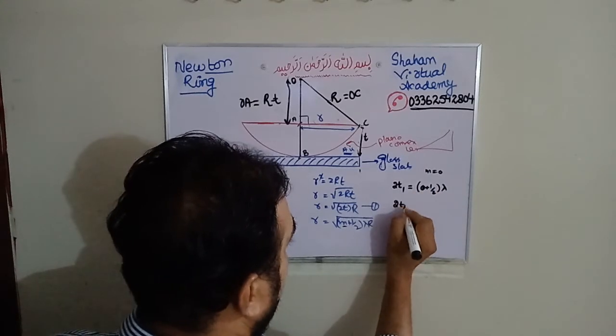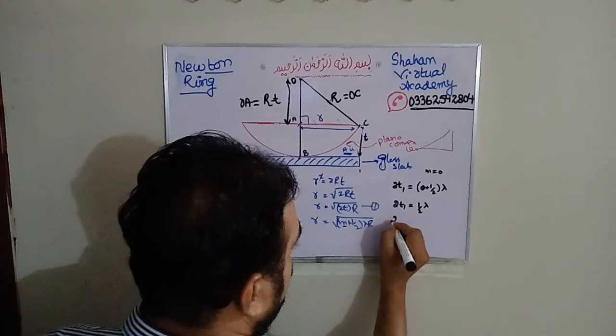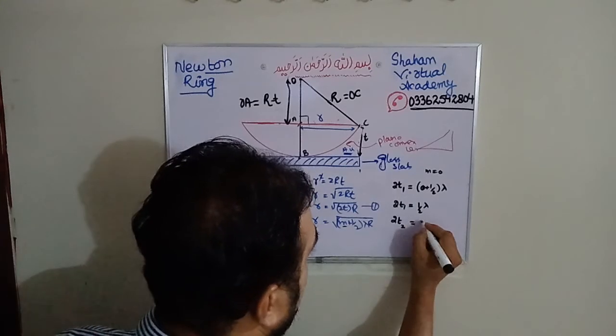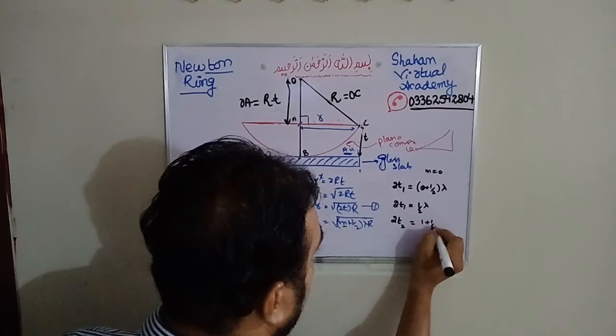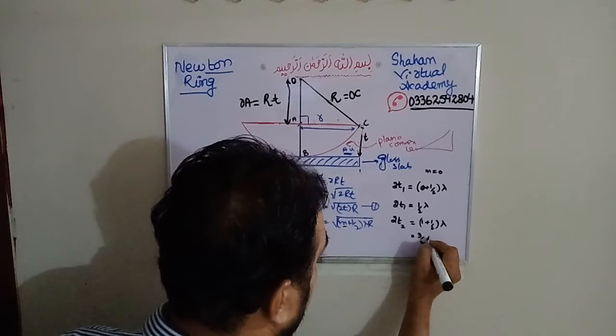So it becomes 2t1 equals half lambda. Then 1 plus half lambda becomes 3 upon 2 lambda.